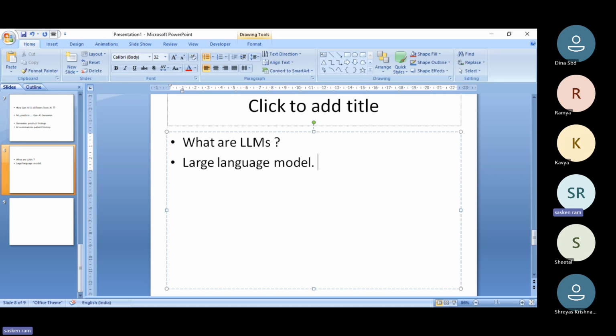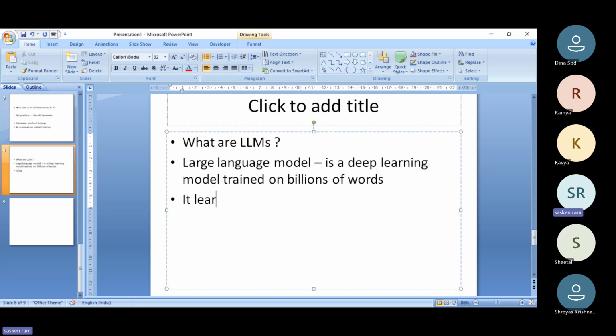It's a deep learning model, trained, as I told you, on billions of words of internet data. It learns grammar, logic, you name anything. It does the reasoning, guys.